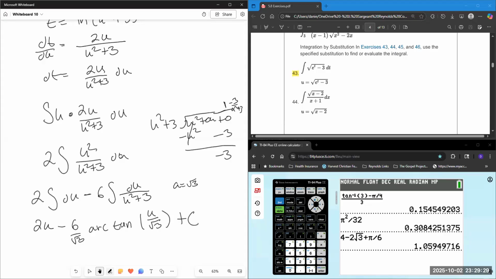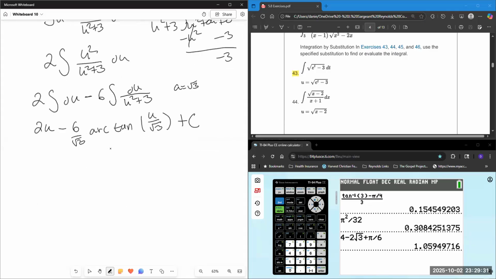I see that 6 has a factor of 3, and I need to go ahead and rationalize here. 6 root 3 over 3 arctangent of u over root 3 plus c. 3 goes into 6 2 times.